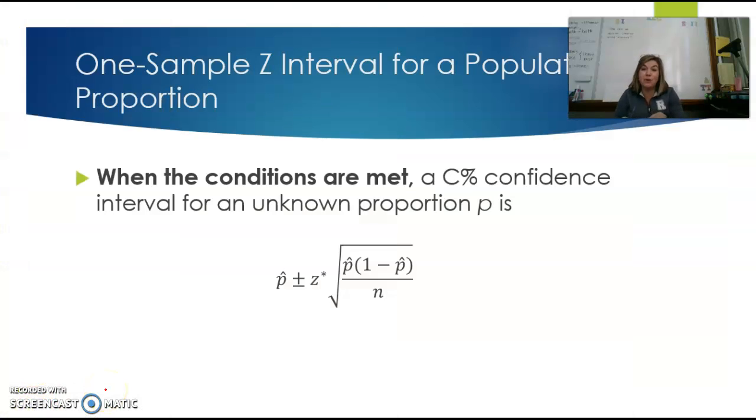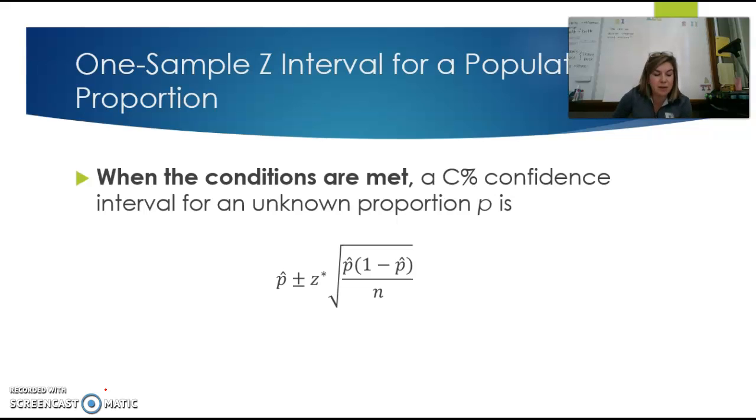The official name for a confidence interval is actually a one sample z interval, and we're going to be talking about proportions. When the conditions are met, this is exactly what the formula is going to be, what we're going to be plugging our values into.